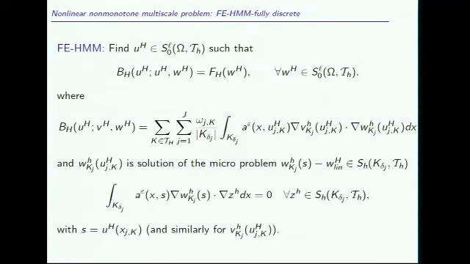Okay, we have the macroscopic finite element method. Of course, now we have a nonlinear problem. But please look at the way you write the method. The micro problem is linear. Okay, the micro problem is linear. But of course, we have a macroscopic nonlinear problem.